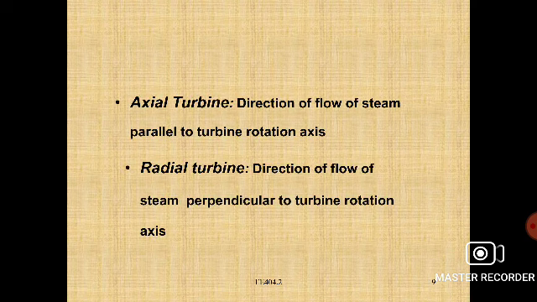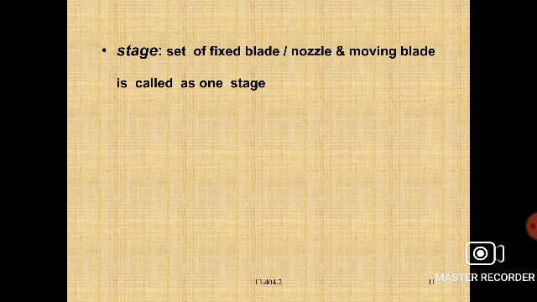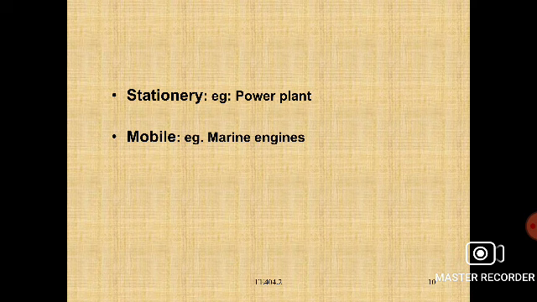Axial turbine means the direction of flow of steam is parallel to the turbine axis, and radial turbine means it is perpendicular. Stationary example: power plant; mobile: marine engines.